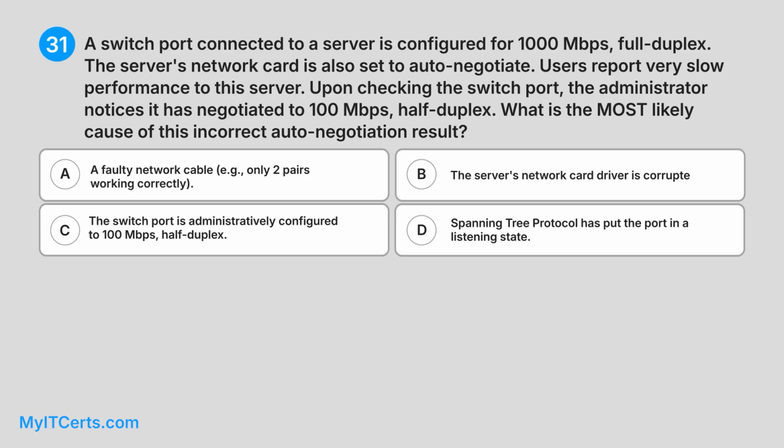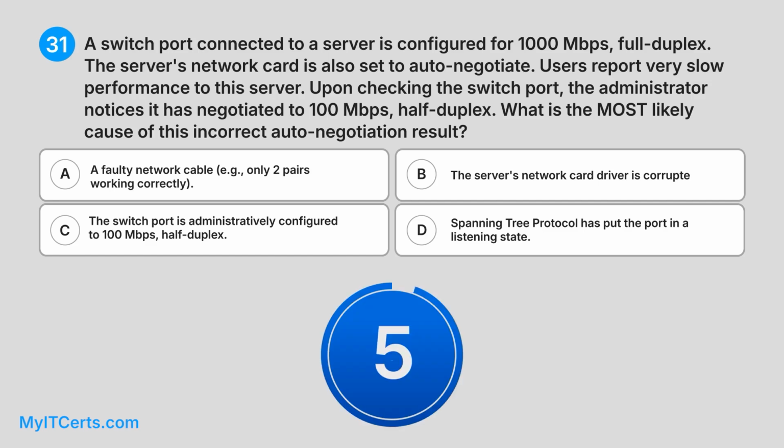A. A faulty network cable, for example, only 2 pairs working correctly. B. The server's network card driver is corrupted. C. The switch port is administratively configured to 100 megabits per second, half duplex. D. Spanning tree protocol has put the port in a listening state. What do you think is the answer?